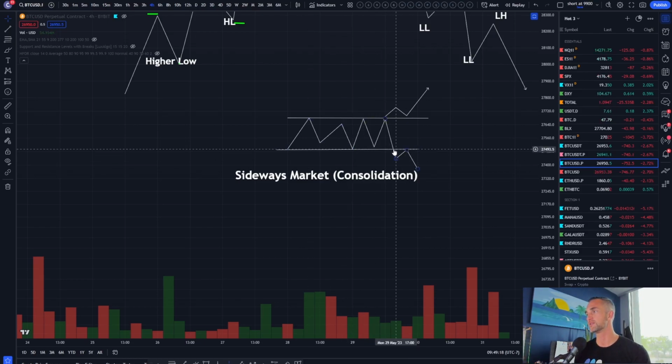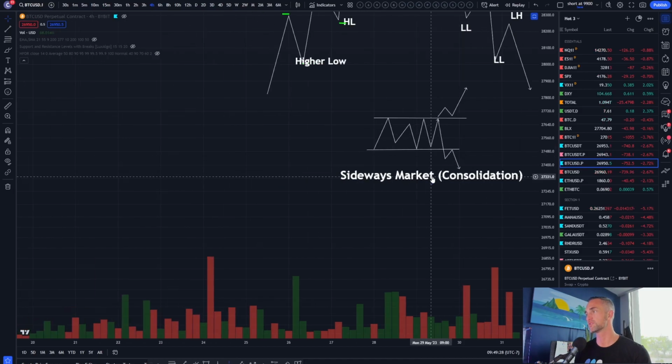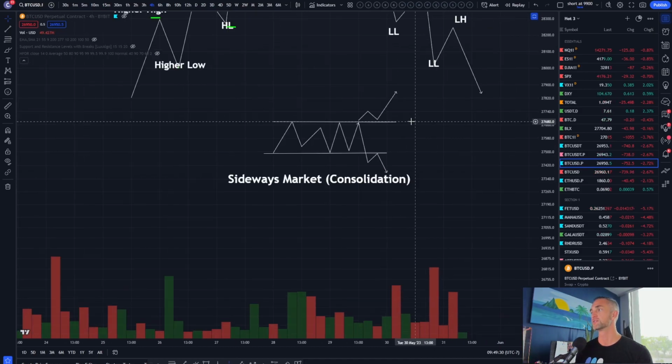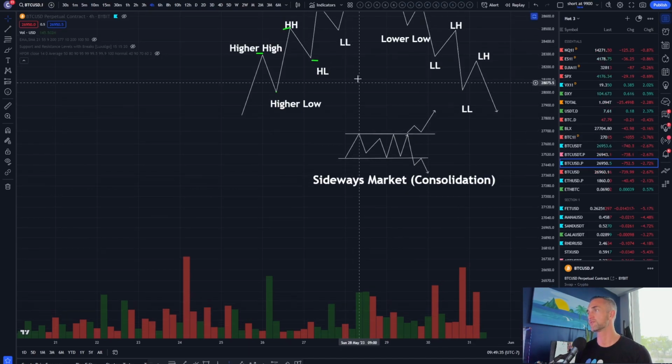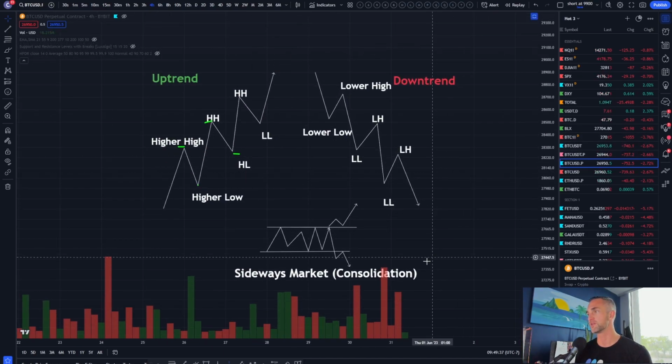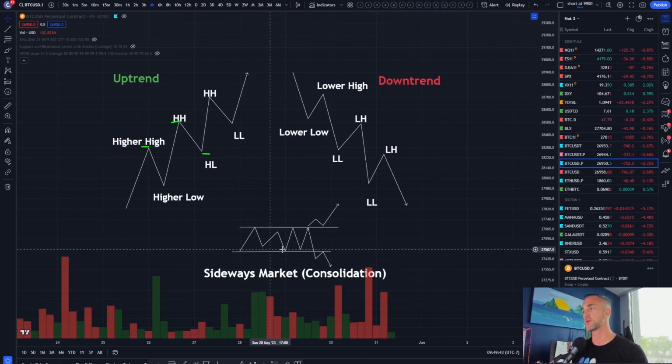If you break it to the downside by closing below with a candle body, you want to sell the lower high using the support now as resistance and get the continuation drive. So it's pretty easy to understand how the market does have a structure within an uptrend or a downtrend or in sideways market consolidation. From sideways market consolidation, you're either going to break to the upside or the downside, creating a new trend.